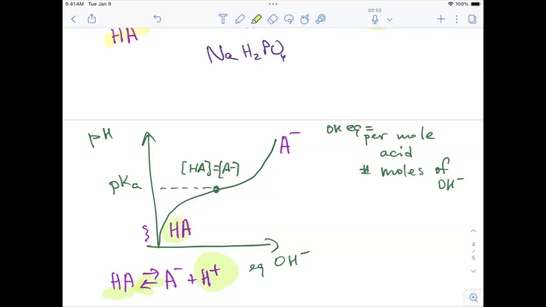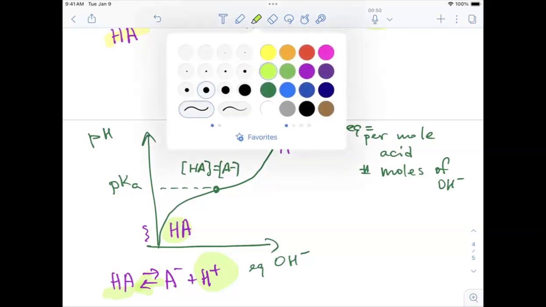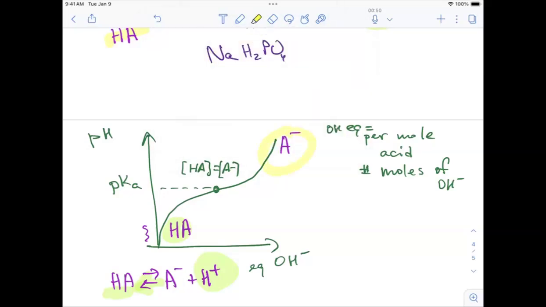And then at high pH, it goes the other way. When the pH is high, right here in this part of the curve, there are fewer protons around, so the equilibrium shifts towards giving up protons, right? Then we have more A minus. So hopefully that's going to be helpful for you. Good luck with the problems.